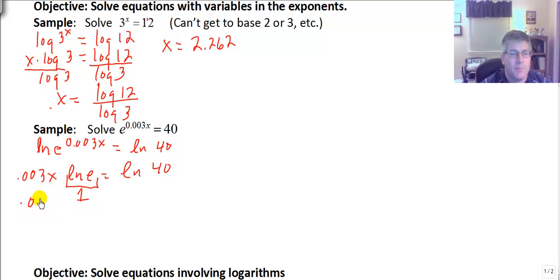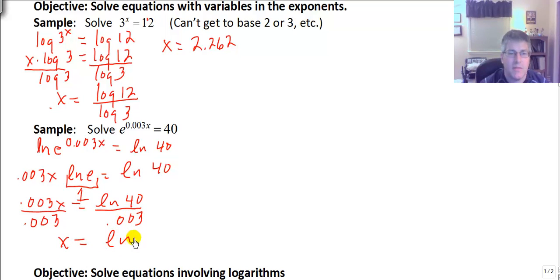So that simplifies to 0.003x times 1 equals the natural log of 40. We want to solve for x, so we can divide both sides by 0.003, and we get x equals the natural log of 40 all over 0.003. So we've got calculator ready form.